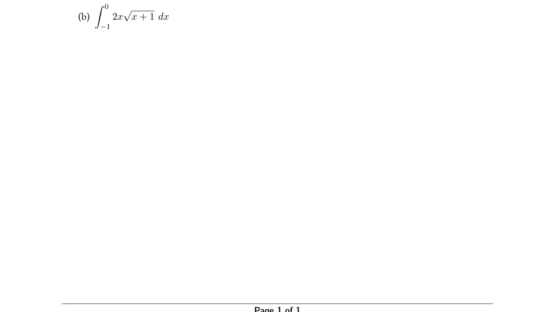For the second integral, since x plus 1 is inside the radical, we let u be x plus 1. Then du is 1 plus 0, which is 1, dx. So dx is du. If x is -1, then u is -1 plus 1, which is 0.